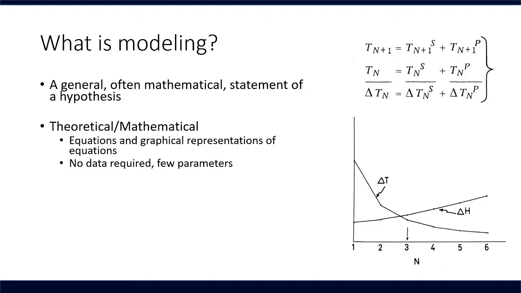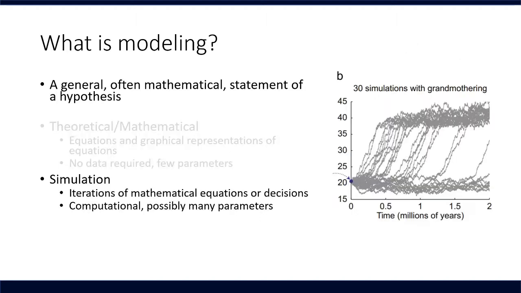A second type of model is a simulation model or a computational model. In these models, you tend to have either a mathematical equation that you are exploring iteratively, repeating potentially a large number of times and seeing how things vary over the course of those different iterations.